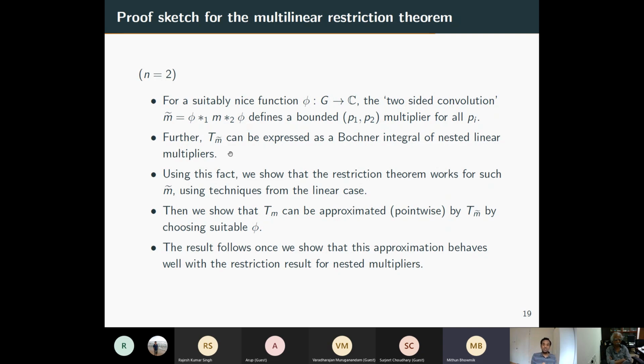The idea is to choose functions with shrinking support, but still whose L1 norm is 1, so these sort of delta peaks. If you choose these phis, you can approximate the original Fourier multiplier pointwise by these nested linear things. And the result follows once we show that this behaves well with the restriction result in the nested case.